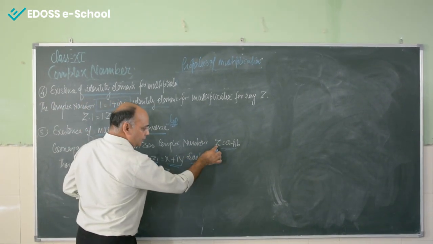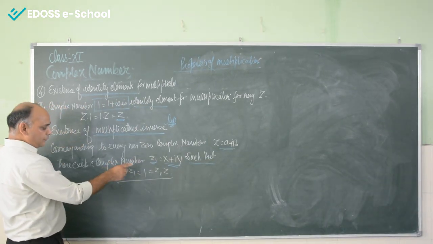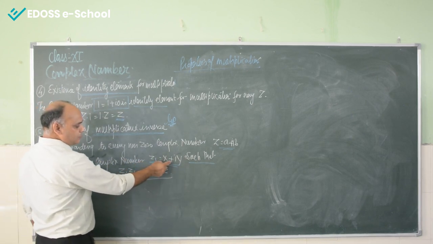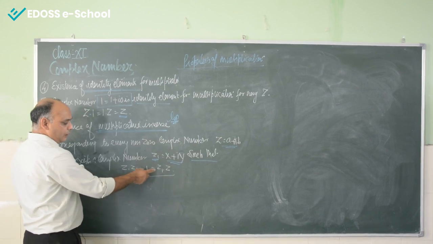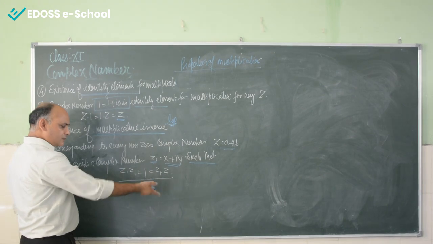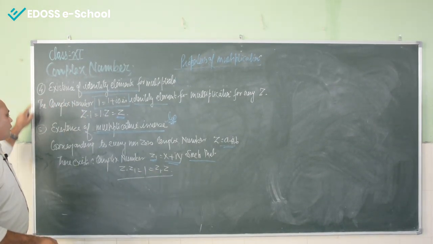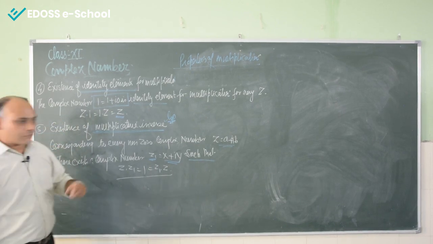If I am saying z equals a plus iota b, its multiplicative inverse will be, suppose, z1, and the value of z1 equals x plus iota y. Then z into z1 equals 1, and z1 into z equals 1, and this is equal to z1 into z. This is the fourth and fifth property for the multiplication of a complex number.